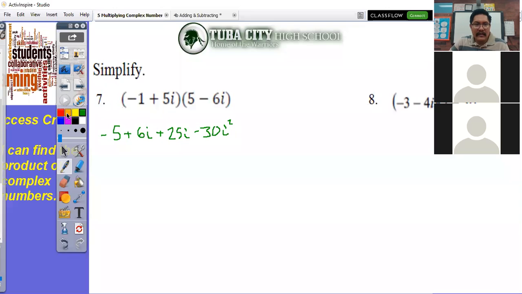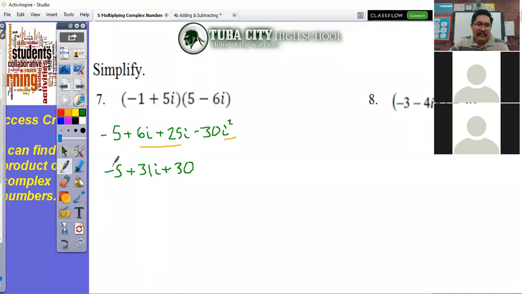All right, so I can evaluate this and this. I'm going to take care of both of those things now. So negative 5. Combine these two things, I get 31i. And I'm going to switch the sign on this for the i squared, reverse the sign so it's now positive instead of negative.